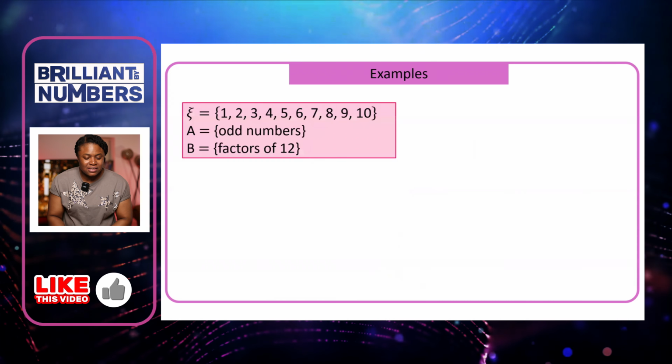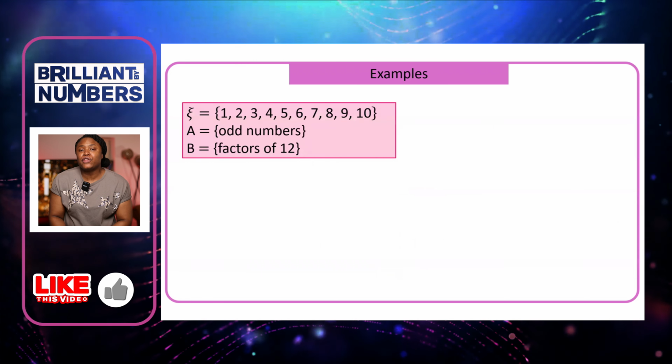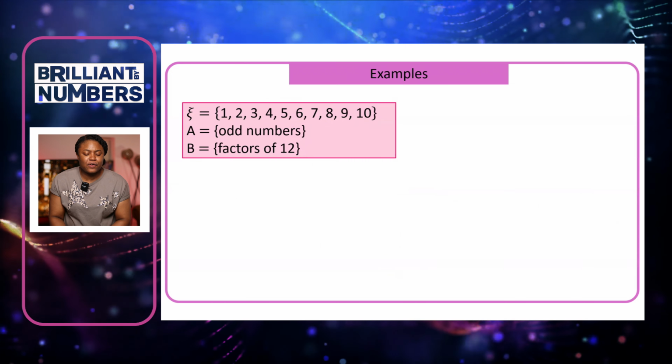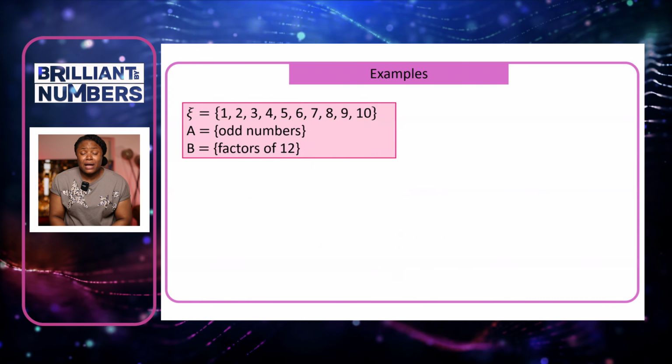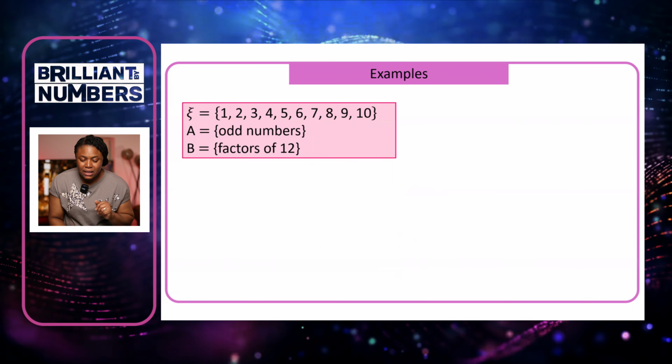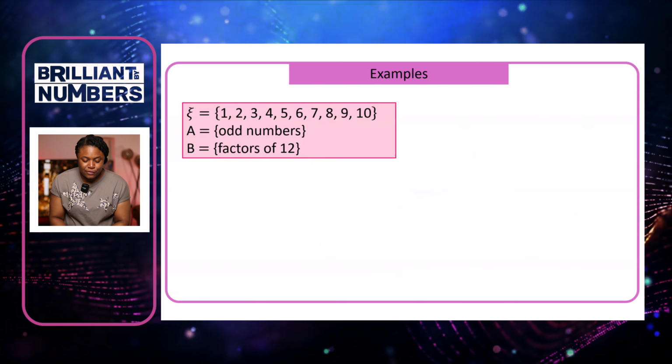Okay, so last set of examples. We're given another universal set here, the numbers from 1 to 10, and we're told that set A is odd numbers and set B is the factors of 12.